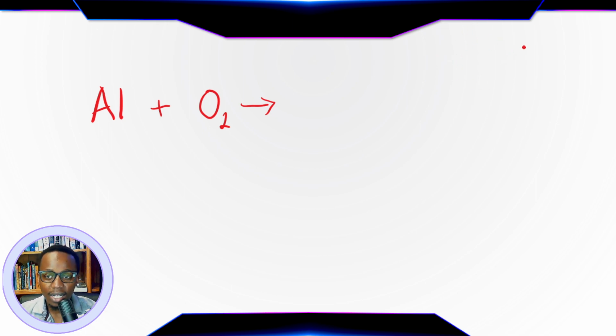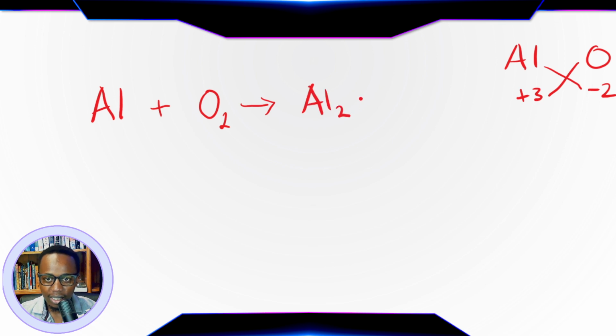Guess what? We've done it in the last chapter. Al and oxygen, how do they combine? You know that Al has +3. You know that oxygen has -2. When you cross them like this, guess what we get? You get Al that has 2 on it, and oxygen has 3 on it.